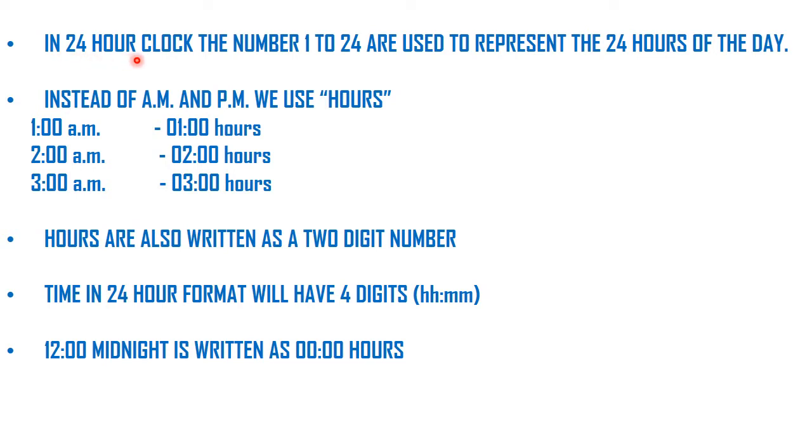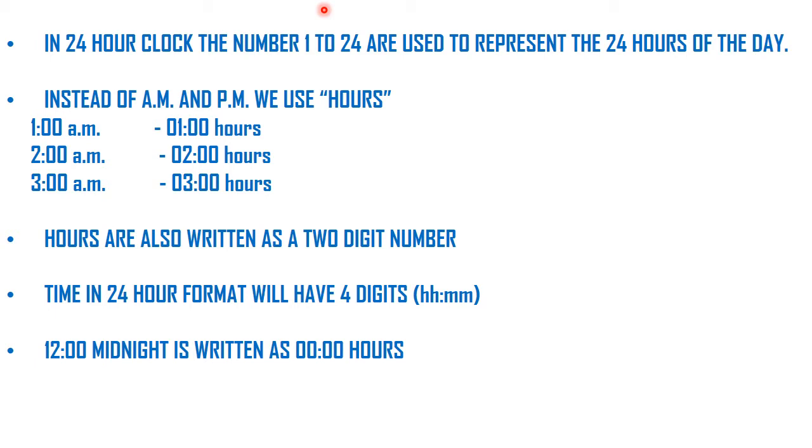In a 24-hour clock, the numbers 1 to 24 are used to represent the 24 hours of the day. This means, unlike a 12-hour clock where the same time occurs twice in a day, once as AM and then as PM, in a 24-hour clock, a particular time occurs only once in a day.